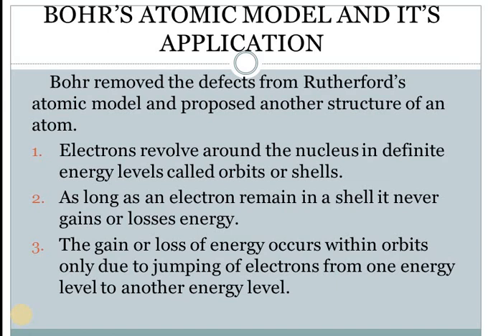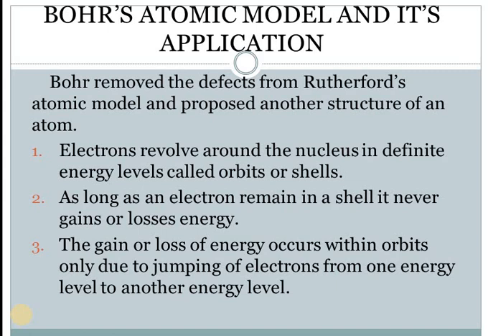Third, the gain or loss of energy occurs between orbits only. In what conditions? Due to the jumping of an electron from one energy level to another energy level. That is, we can simply say that when an electron gains energy, it will move from a lower energy level to a higher energy level, and when it comes back to its original orbit, it will lose energy.